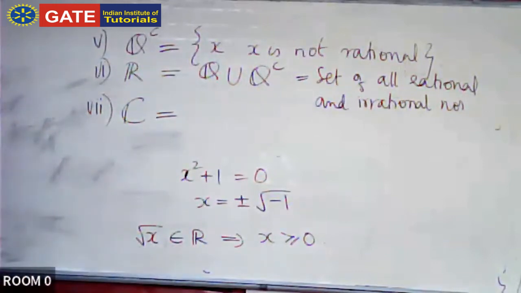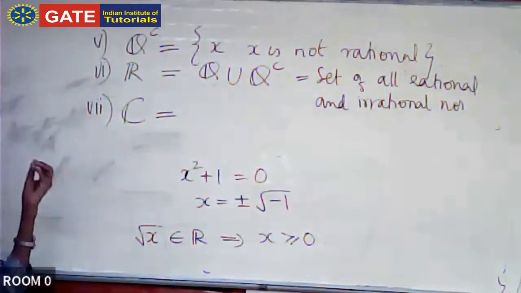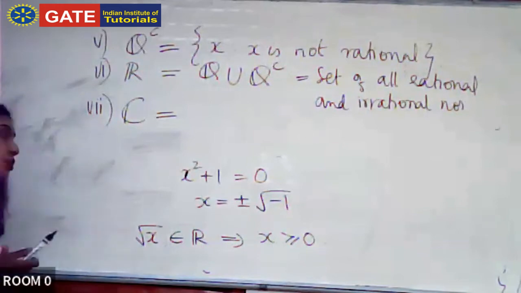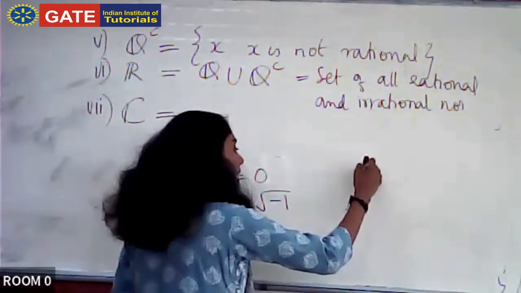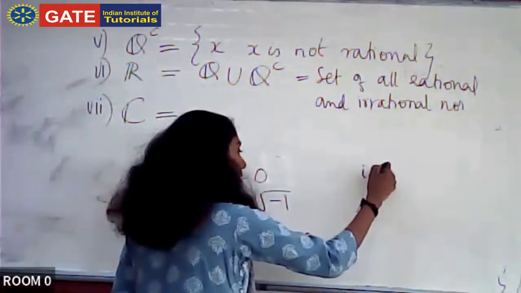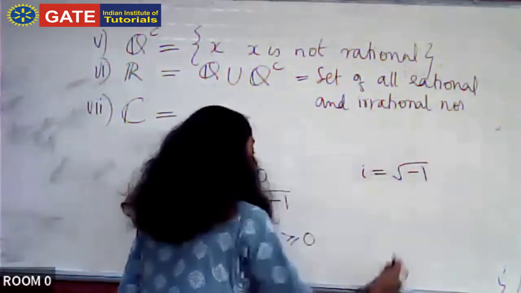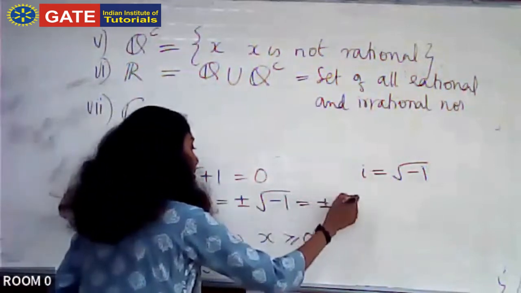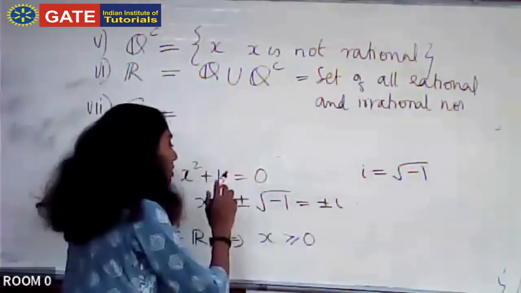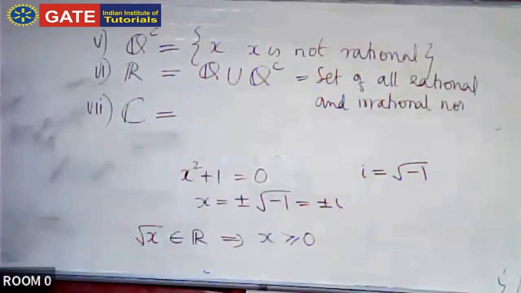So they had to introduce some numbers called imaginary numbers. The imaginary number they denoted as iota, and they defined it as root of minus 1. Then the solution to this equation is plus or minus i.